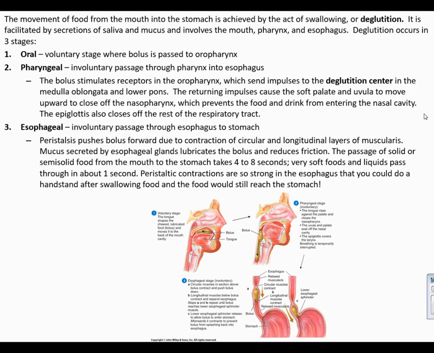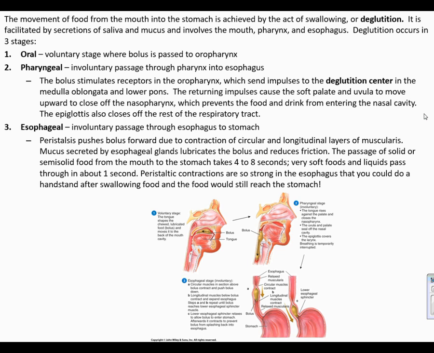Now, for food to get to our stomach, we have to swallow it. The act of swallowing is fancily known as deglutition, facilitated by secretions of saliva and mucus.